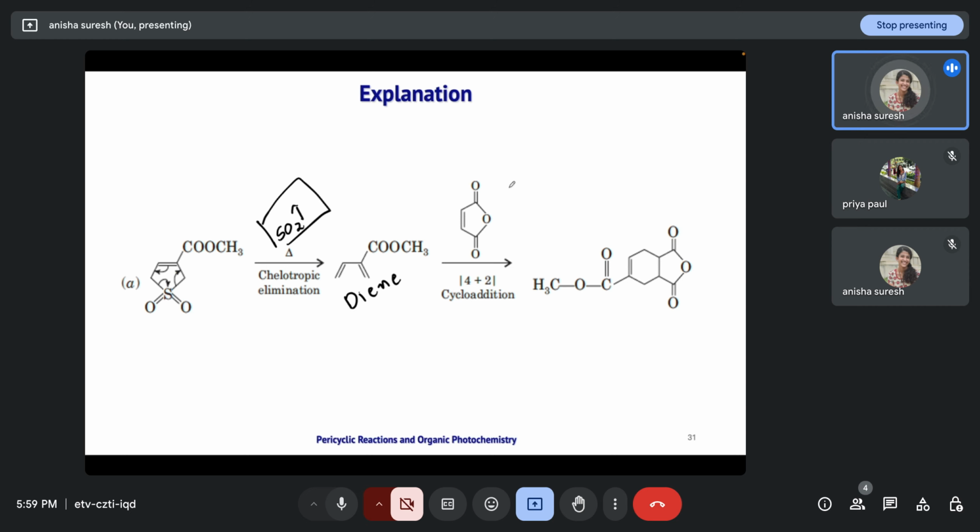And we have been given this dienophile. So it will undergo a 4 plus 2 cycloaddition or Diels-Alder reaction. So we can draw like this: CO2CH3.